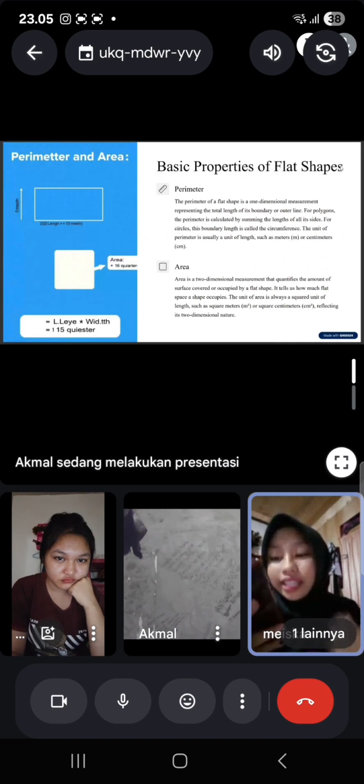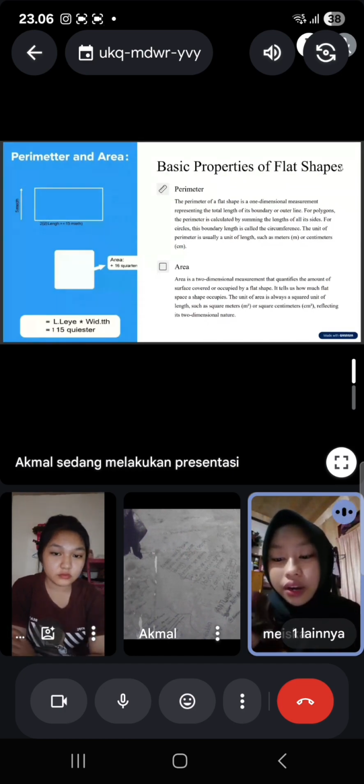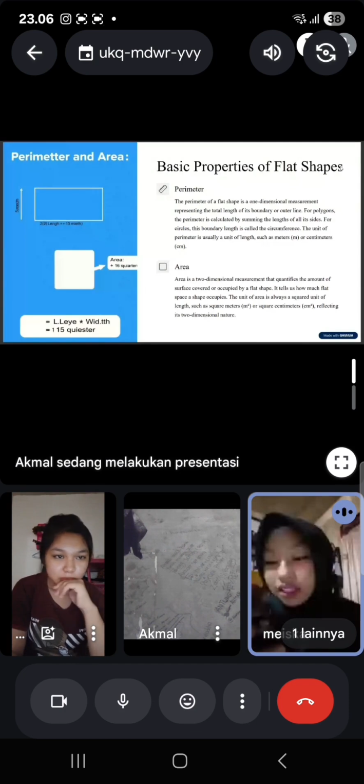Basic properties of a flat shape. Perimeter. The perimeter of a flat shape is a one-dimensional measurement representing the length of its boundary or outer line.